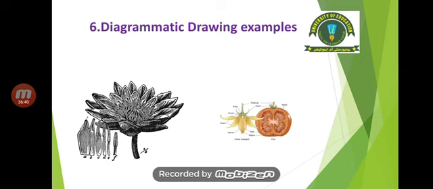On the right side, you can see a tomato, and you can easily identify its different parts, which helps in its growth. There is ovary, there are petals, there are stamens, there is stigma.